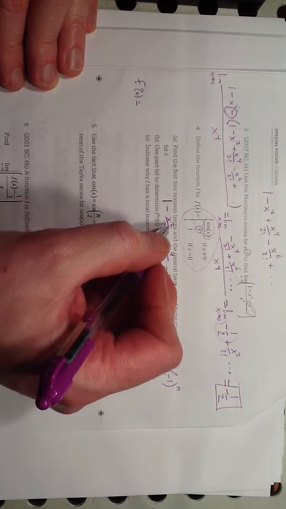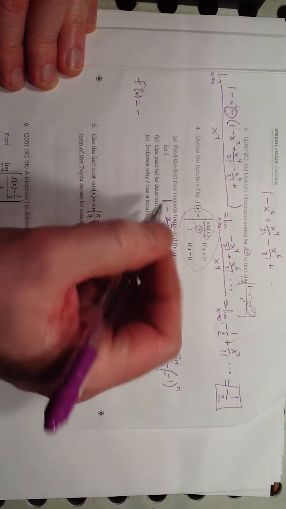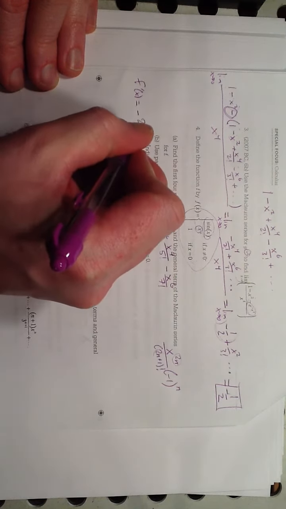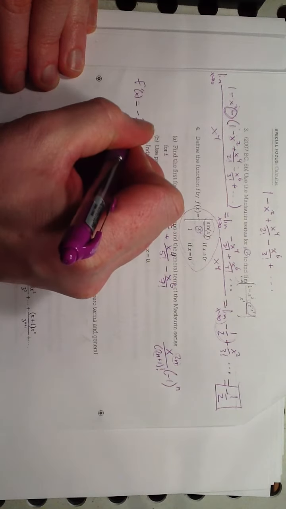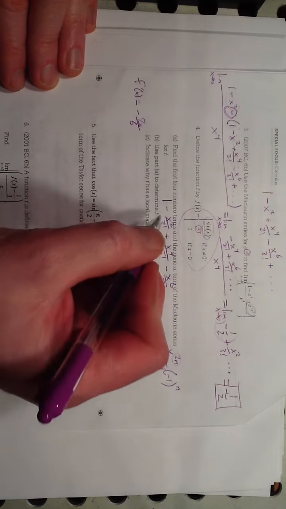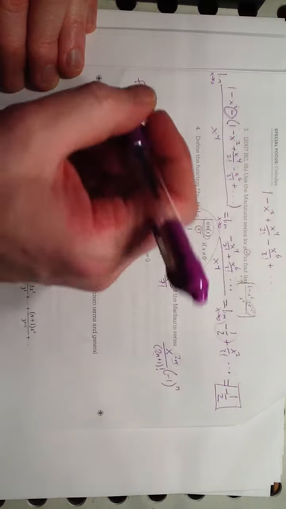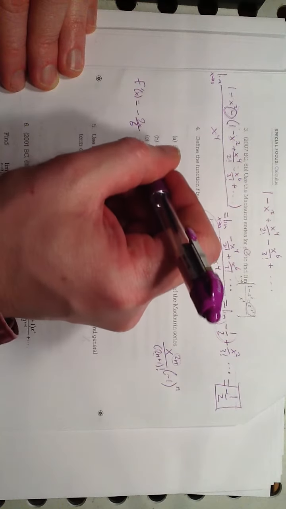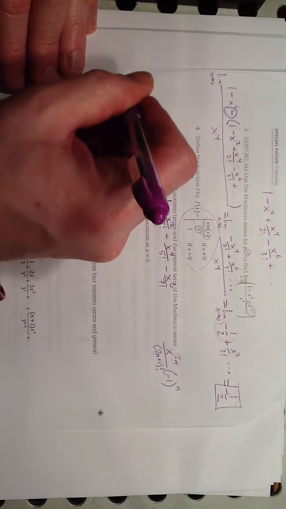So the first derivative of this would be the derivative of 1 is 0, negative 2x over 3 factorial, 6. Right? Now, when I plug 0 in to that, I get f prime of 0 is 0.